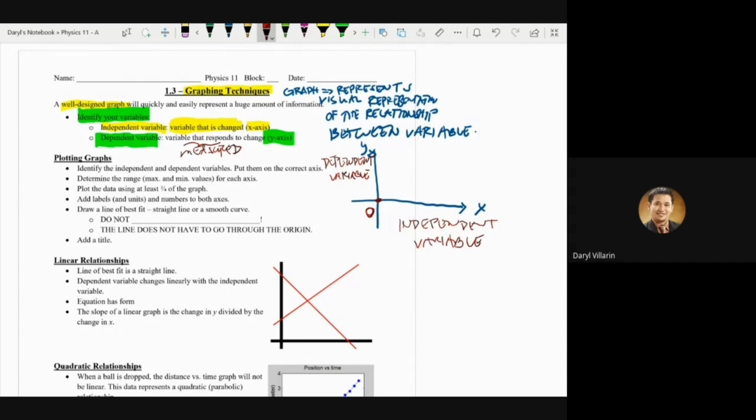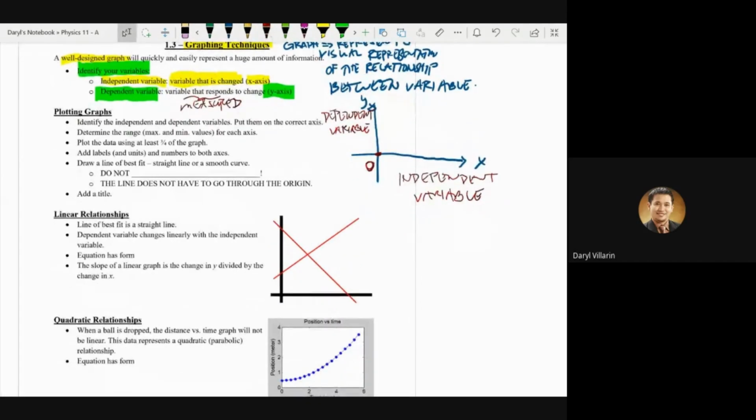After you identify the independent and dependent variables, determine the range. You might be thinking about range as just the y values, but range only means your minimum and maximum values of each axis.